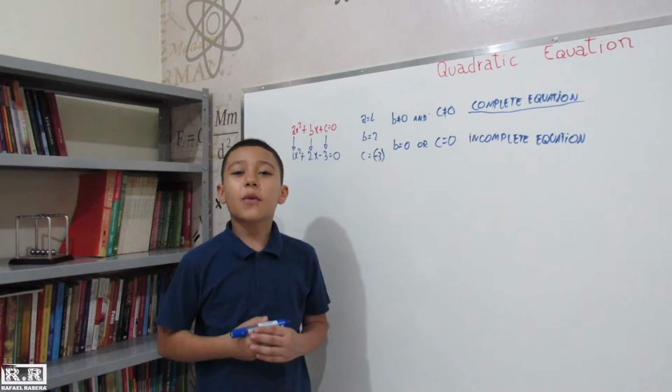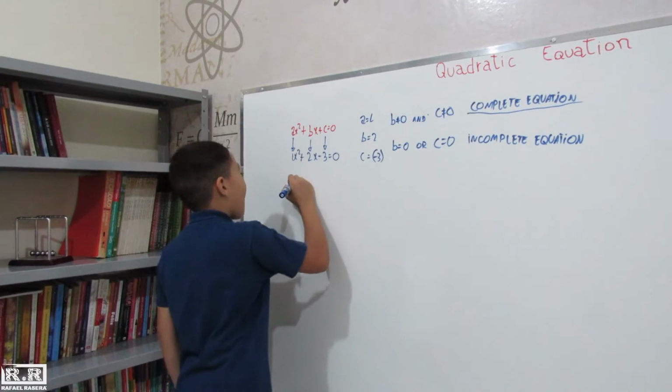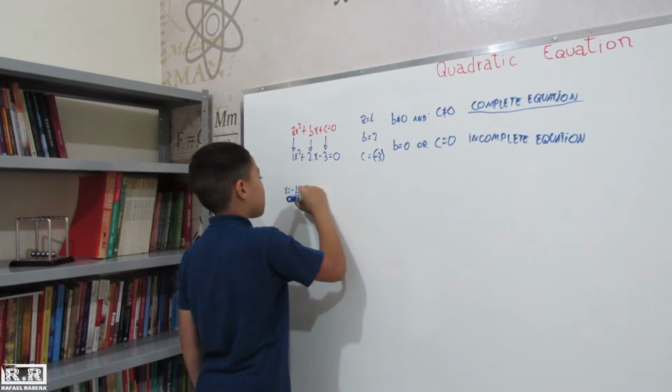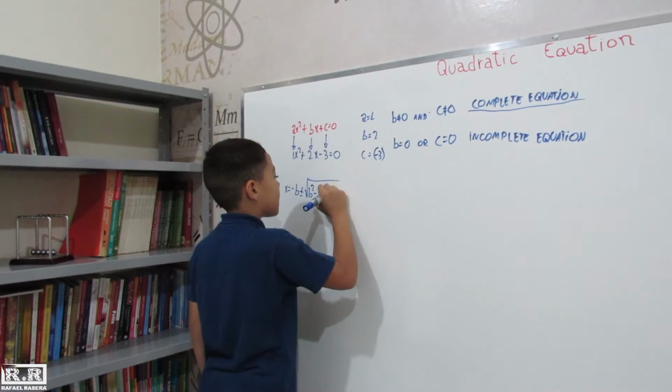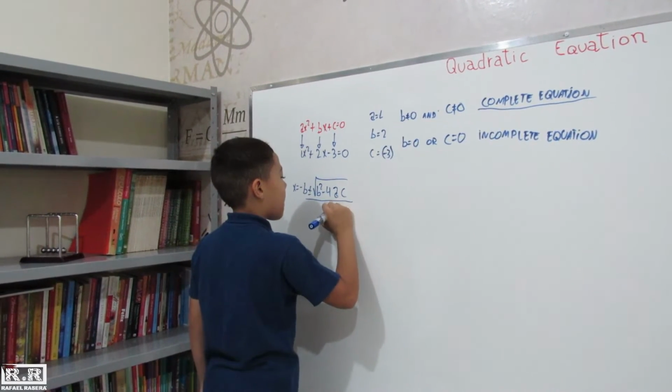How do I solve this equation? I use the Bhaskara formula. x equals minus b plus or minus the square root of b squared minus 4 times a times c, divided by 2 times a.